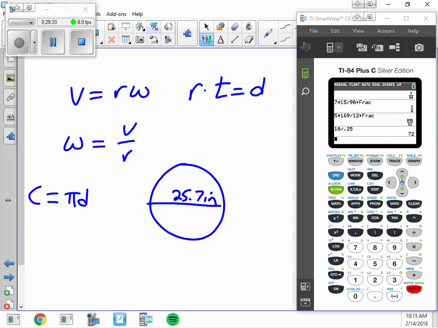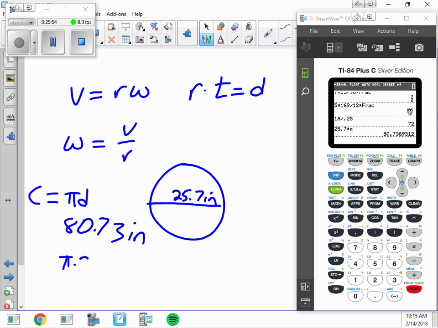So it's 25.7 times pi, and we get a circumference of 80.73 inches. If I upgrade my tires, they are going to be 28.2. So pi times 28.2, and I get 88.59.